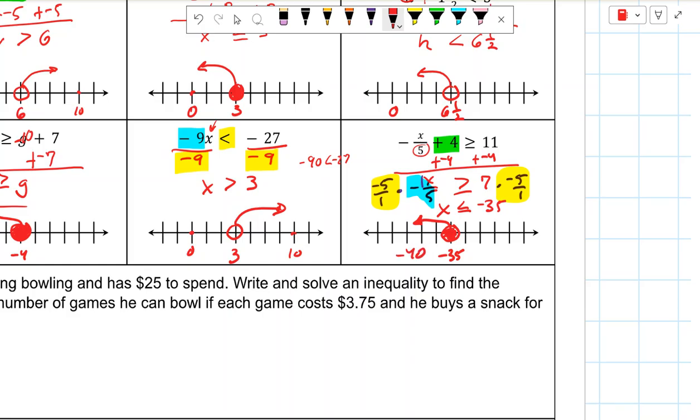That's easily handled. So if this is a negative 40 up here, negative 40 divided by 5 is a negative 8. And negative 8 times this negative is a positive 8. And that 8 plus this 4 is 12, and 12 is greater or equal to 11. So it works. We know we got it right.